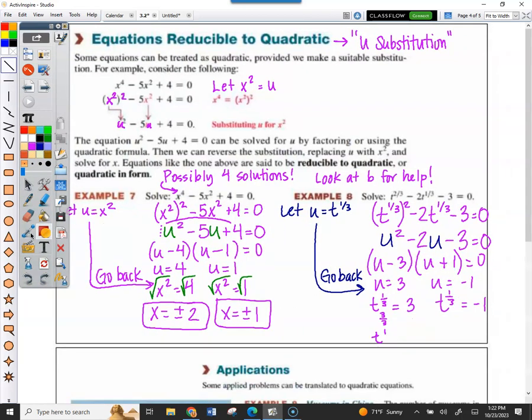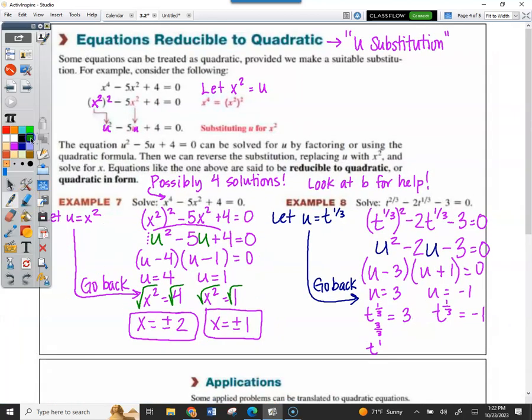So right here, let me show you. I'm going to cube this, and this, and this, and this. Because if I cube it, I'm going to show my work.